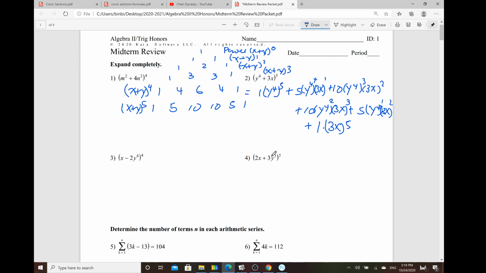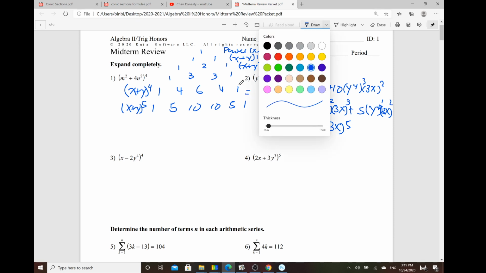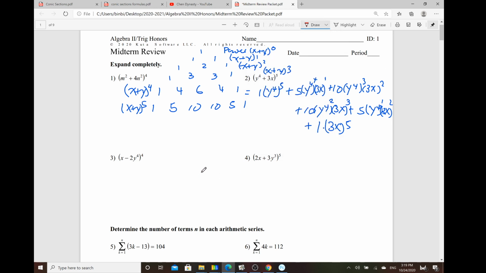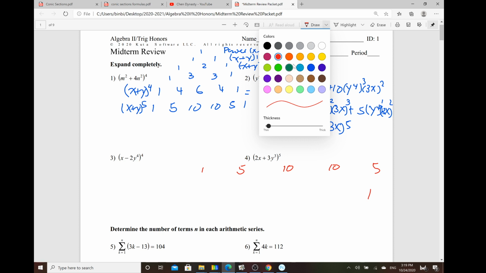Okay, so now let's try another one. Again, we're using the 6th row right here with the 5th power. So again, it's 1, 5, 10, 10, and then 5 and 1. So start off with 2x quantity to the power of 5.